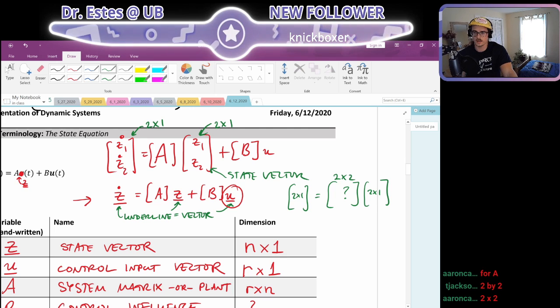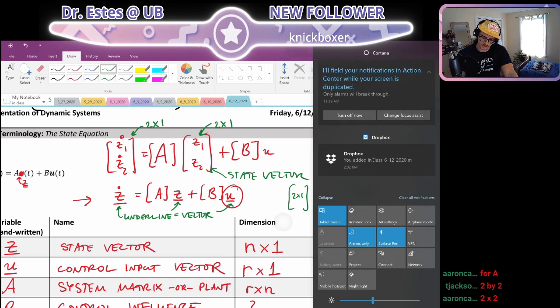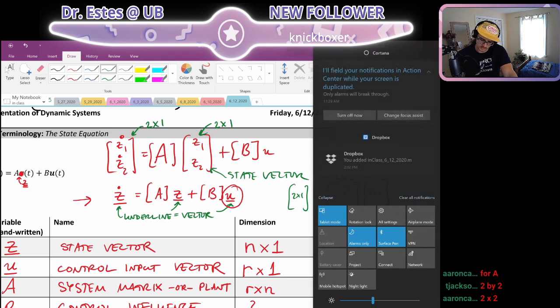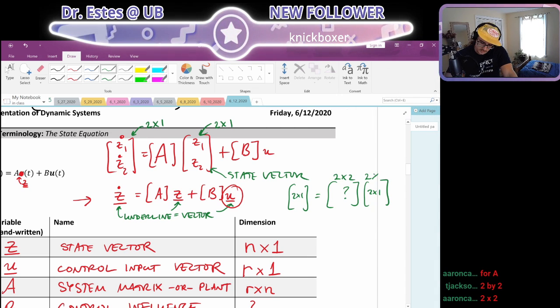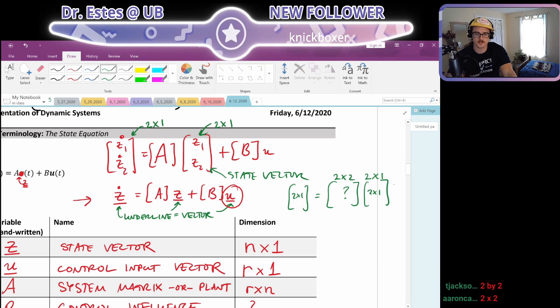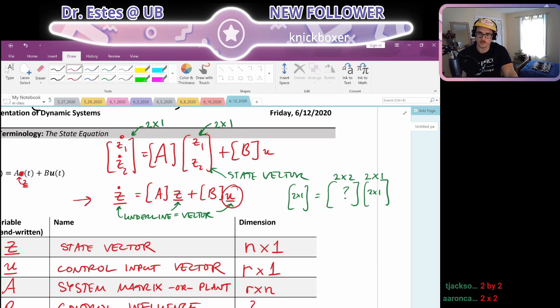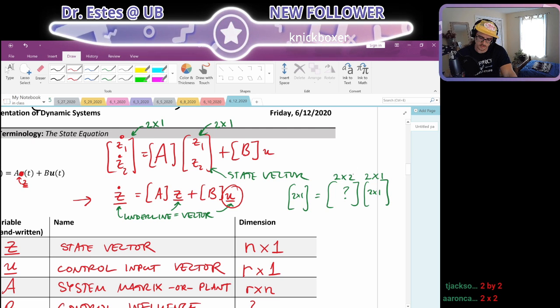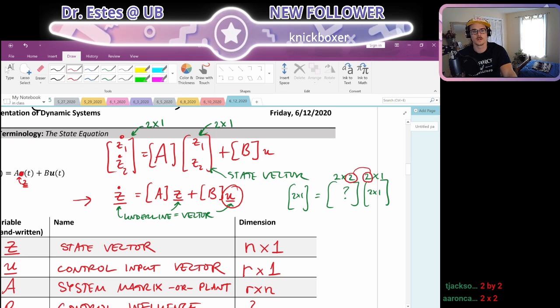There's a little trick you can do. I use this all the time. So, okay, I got a 2 by 2 times a 2 by 1. You can only multiply 2 matrices together if these dimensions match.